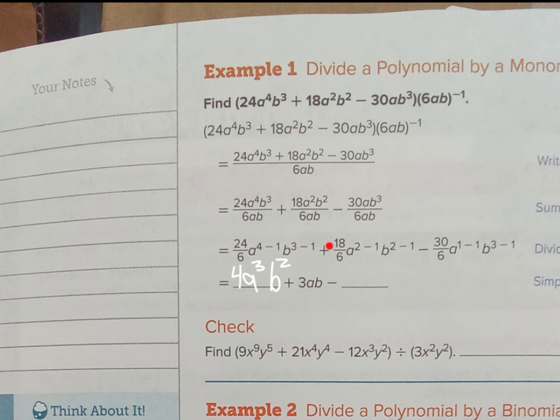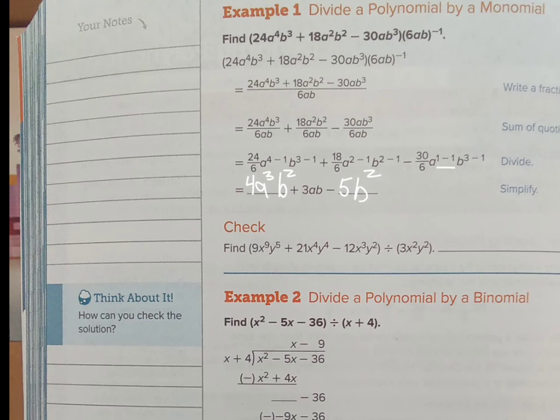A squared divided by a, 2 minus 1 is just a. B squared divided by b, 2 minus 1 again. There's your b. And then the same thing here. Negative 30 divided by 6 is negative 5. The a, when you have 1 minus 1, that's a to the 0, so it's gone. It just cancels out. And then b cubed divided by b, b squared.